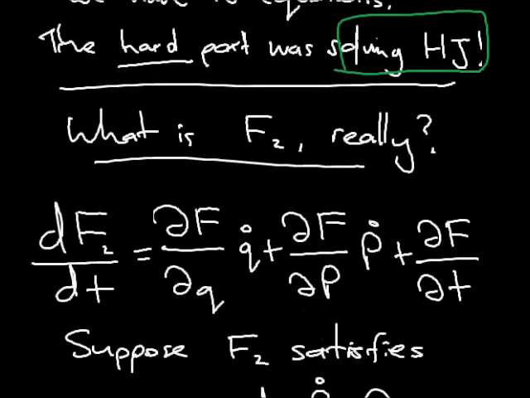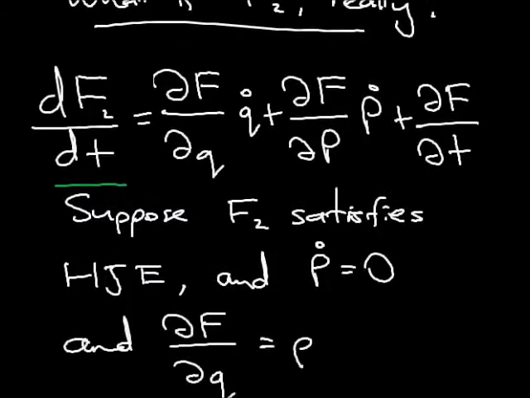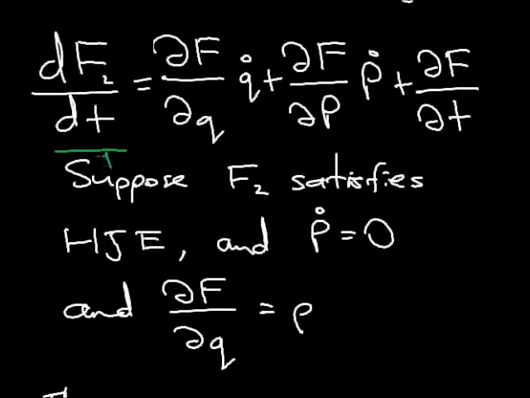When the variables obey all equations of motion, dF/dt is surprisingly equal to the system Lagrangian. Why do I say that? Well, the total time derivative of F partly depends on how quickly q and p are changing.